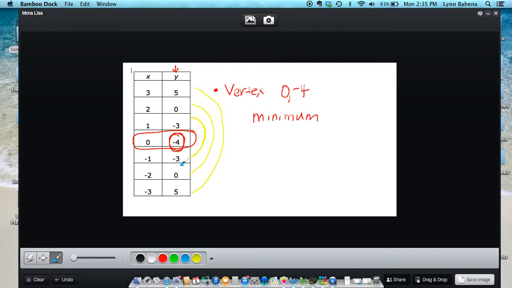So your solutions, or your zeros, are going to be the points on your table where your y values are 0. Okay, so solutions are where y equals 0. So these are our two solutions, here and here.